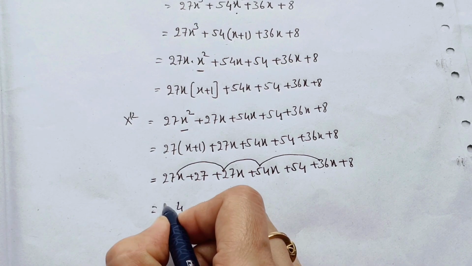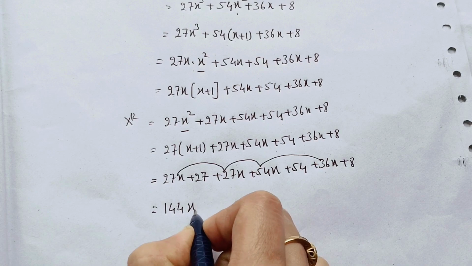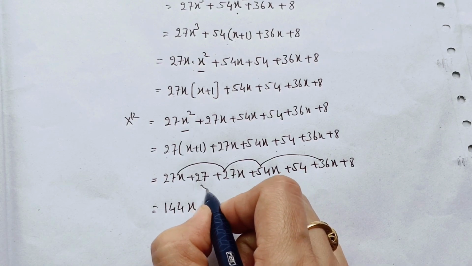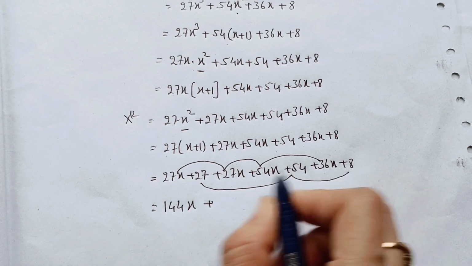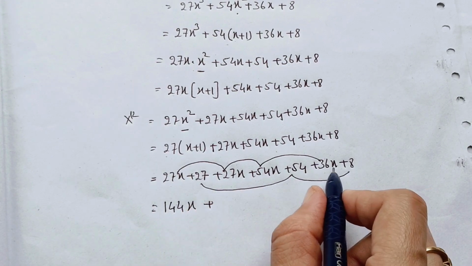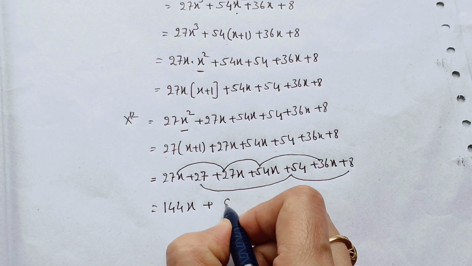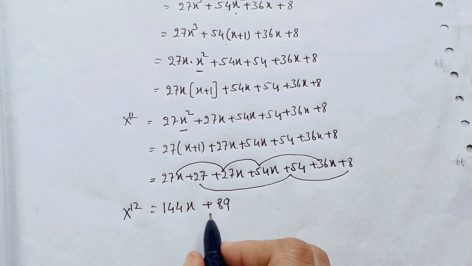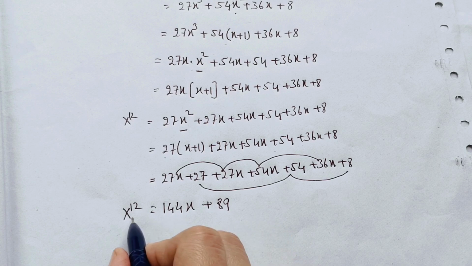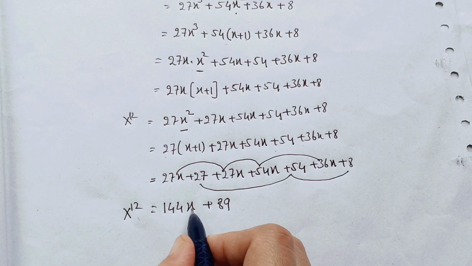That gives 144x. Then the constant values: 27 plus 54 plus 8, that is 89. We have to find the value of this, but here x is the variable.